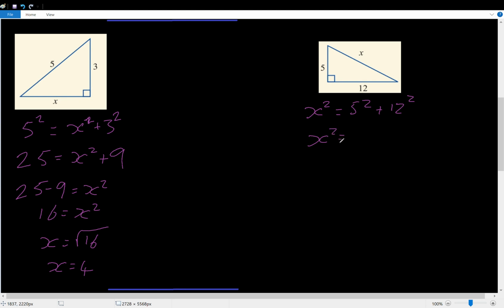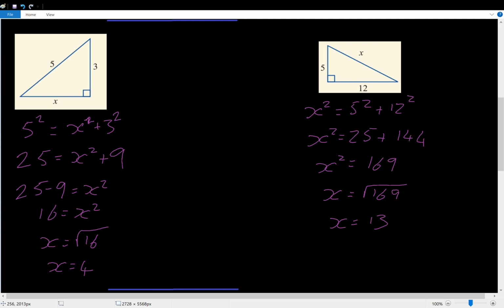Well, 5 squared is 5 times 5, which is 25. 12 squared is 12 times 12, which is 144, which means that x squared is going to be equal to 169, which means that x is going to be equal to the square root of 169. So x is going to be equal to 13. So that's how we would go about finding the missing side when it's the hypotenuse and when it is not the hypotenuse.